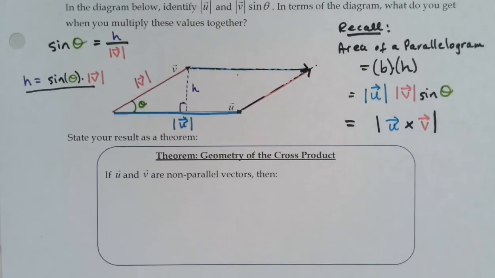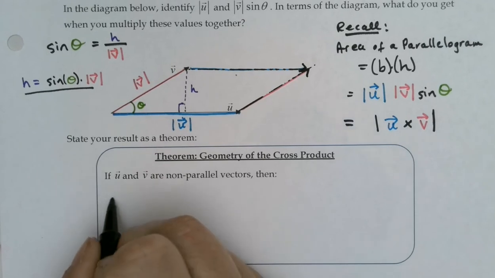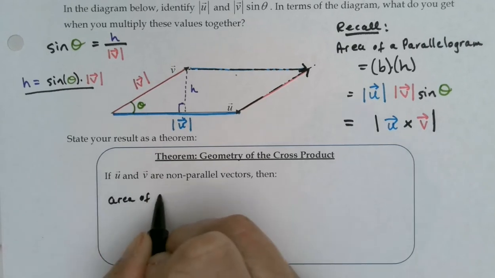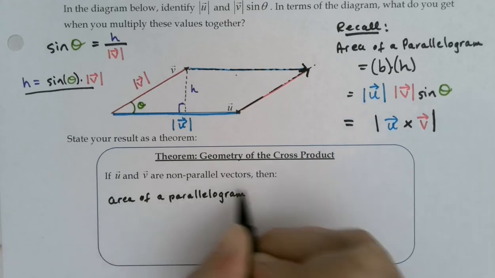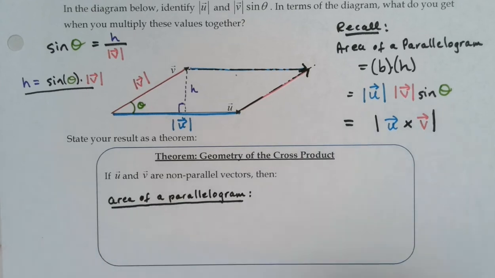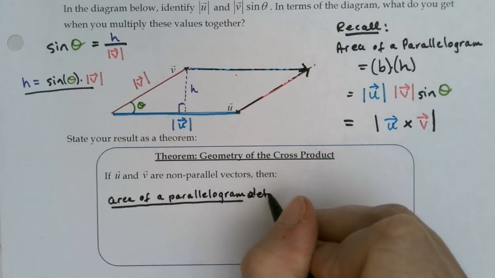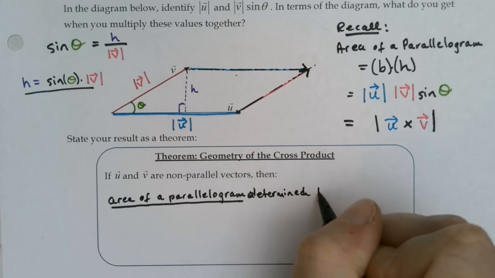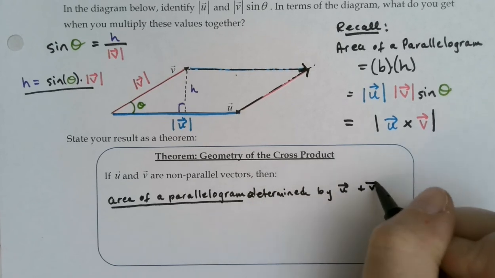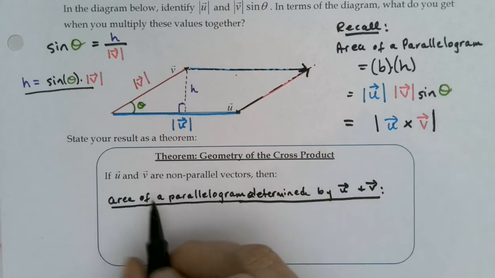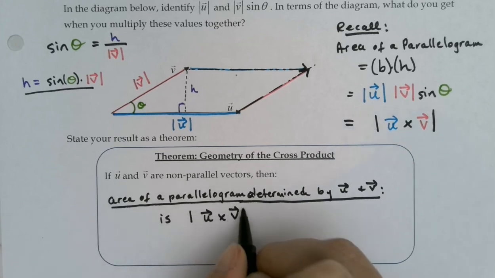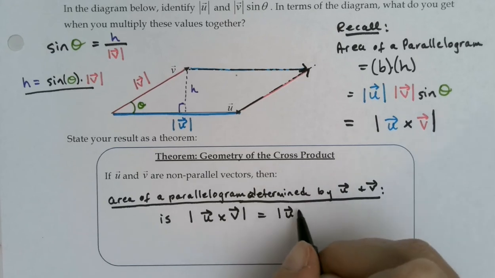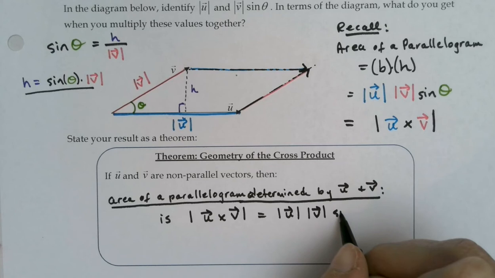Interesting. So that means for us that the area of a parallelogram formed by two vectors, which is one of the reasons that we talked about the parallelogram method of drawing two vectors, determined by u and v, is the magnitude of u crossed with v, which is the magnitude of u times the magnitude of v times the sine of theta.